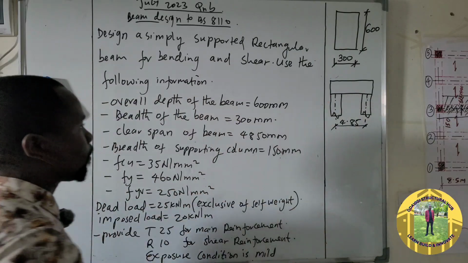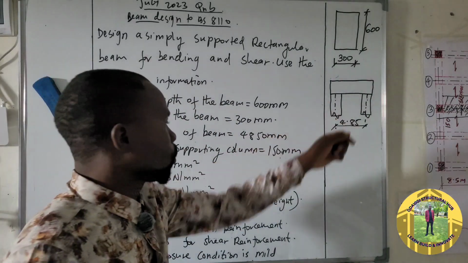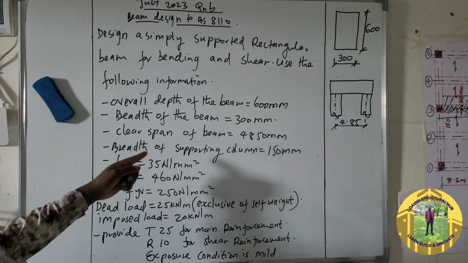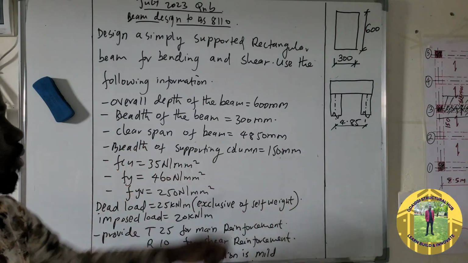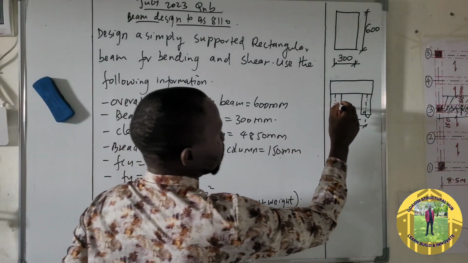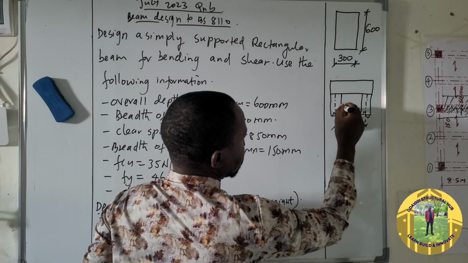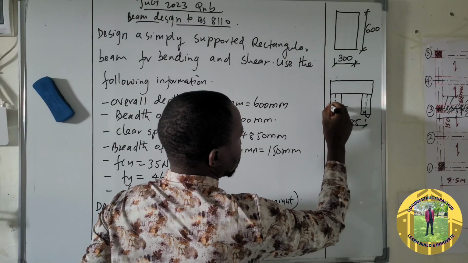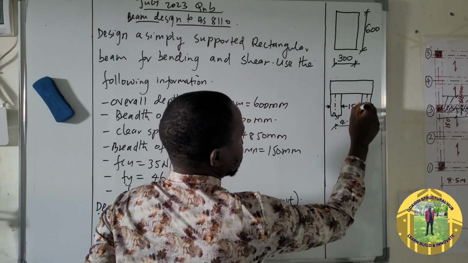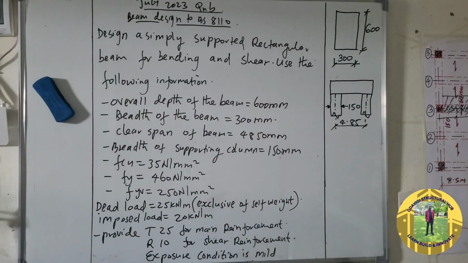So this is the column. This is the two columns. So the breadth of the column is 150. So the column is 150. Like that.